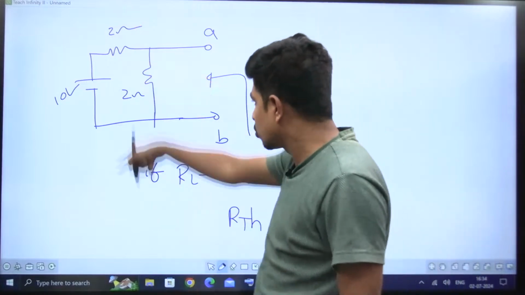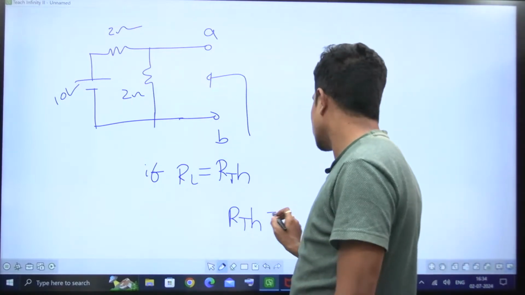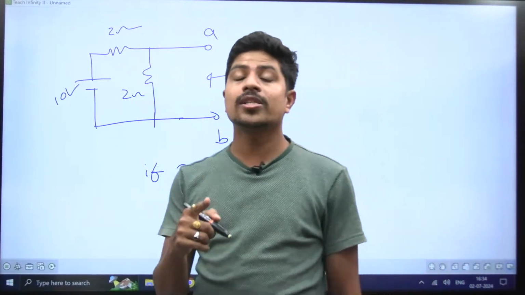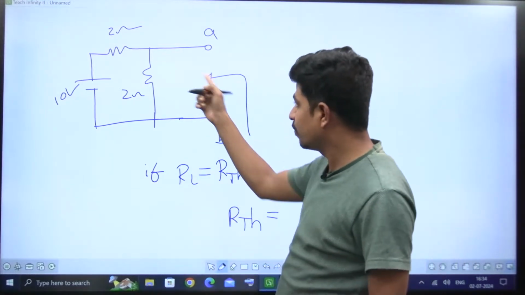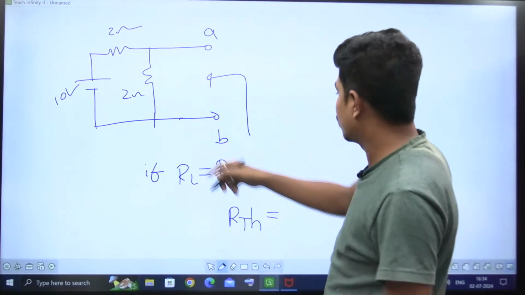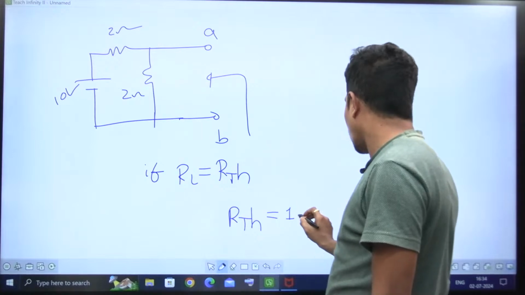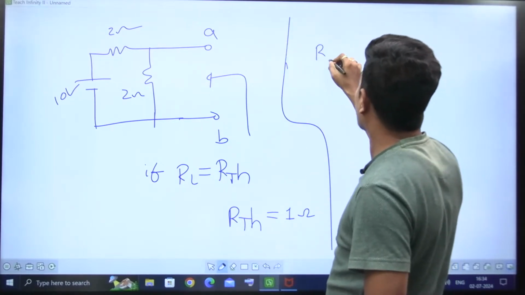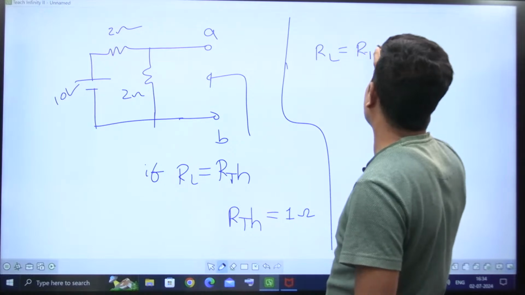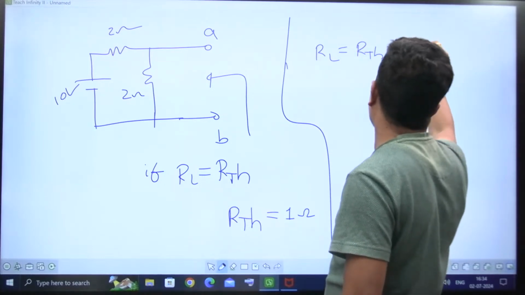Standing here, 10 is short circuited, the two 2 ohms are in parallel, which gives 1 ohm. Therefore, load resistance RL is equal to R Thevenin, which is 1 ohm, right?